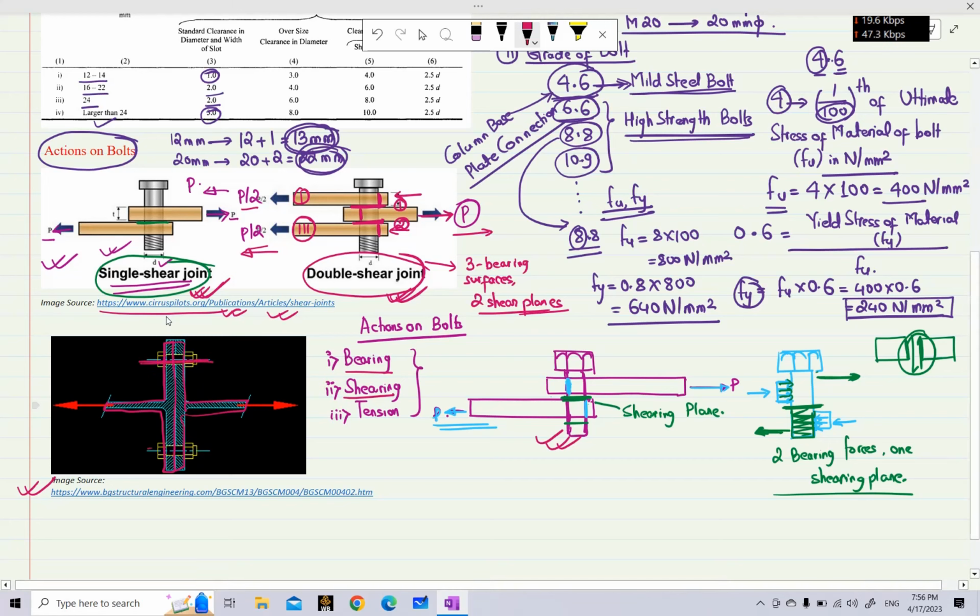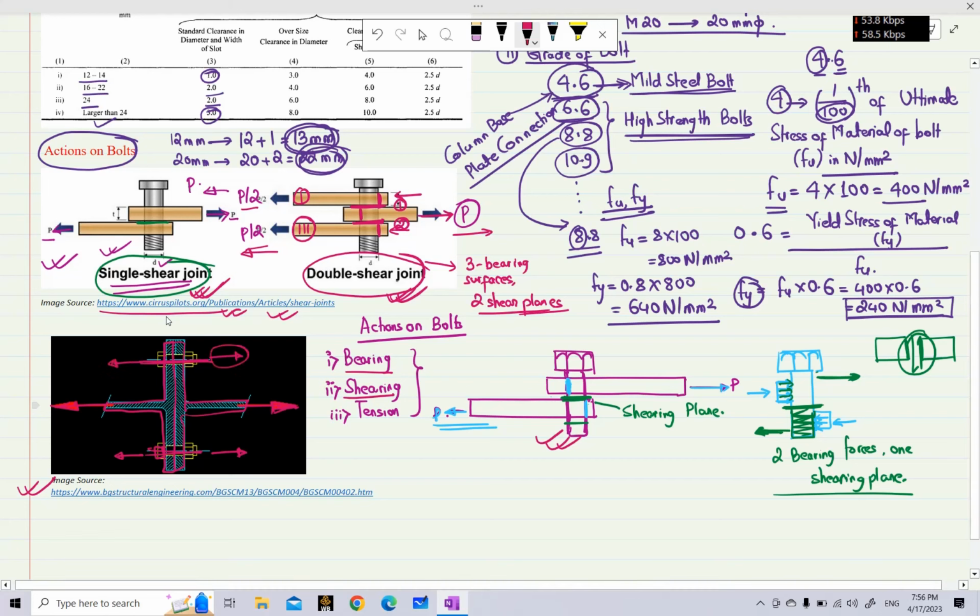One bolt is here and another bolt is here. If we pull apart these plates using some force in 2 opposite directions, what will be the type of force exerted on this bolt? As these plates are pulled apart, the same type of force will be transferred to these bolts also. These bolts will also be pulled apart in this way.